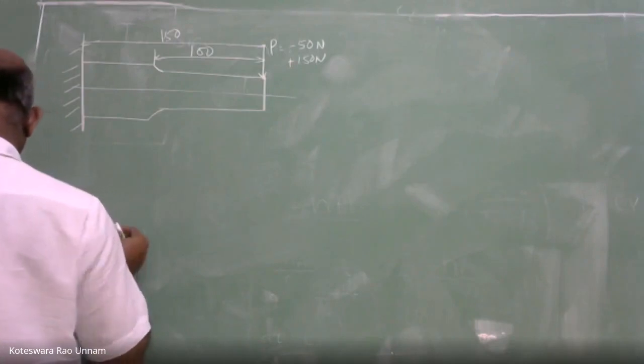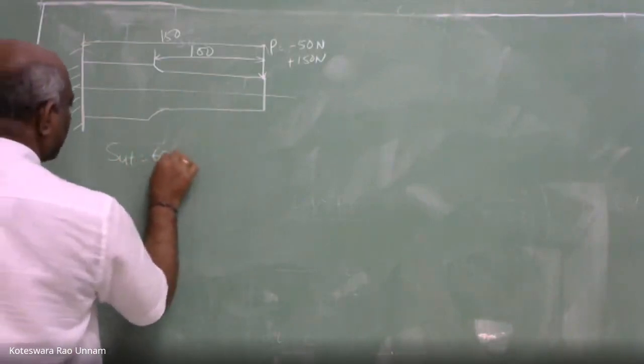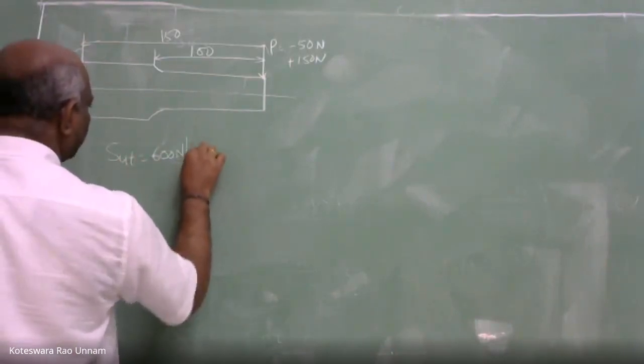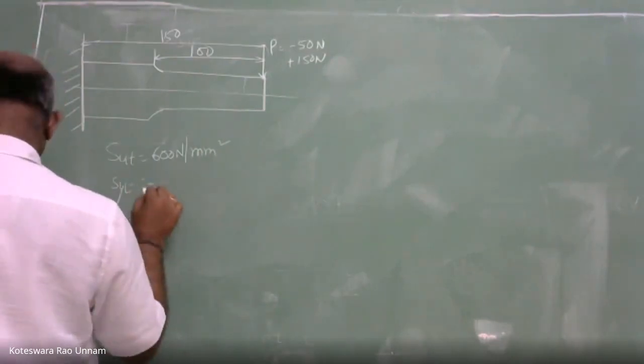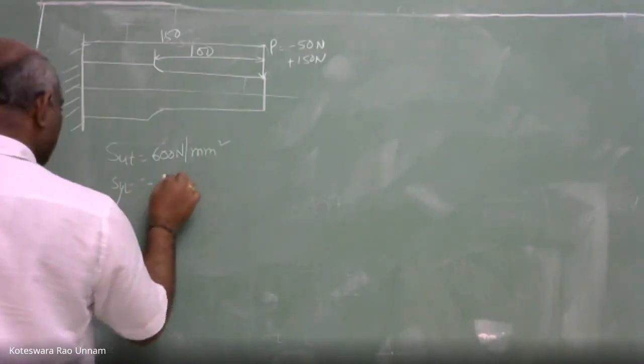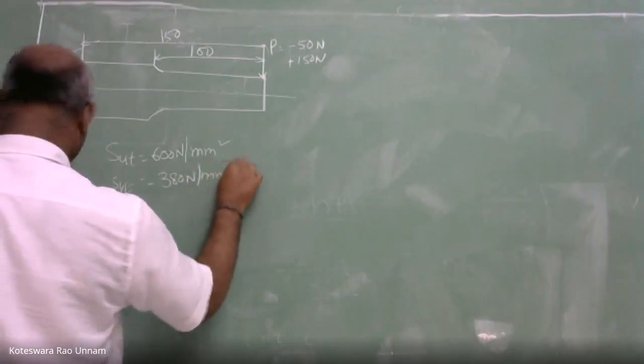Then what he has given is, for this, SUT is equal to 600 Newton per mm square and SYT equal to 380 Newton per mm square.